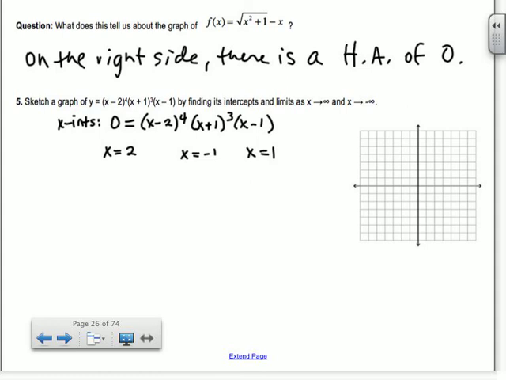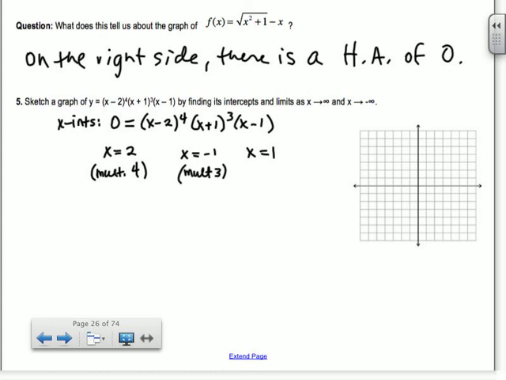Do you guys remember what multiplicity means? No? No one remembers multiplicity at all? You have the same root multiple times. So what does that mean about the graph? So for this x equals 2, this is a root 4 times. So it has multiplicity 4. Negative 1 has multiplicity 3. And 1 has just multiplicity 1.